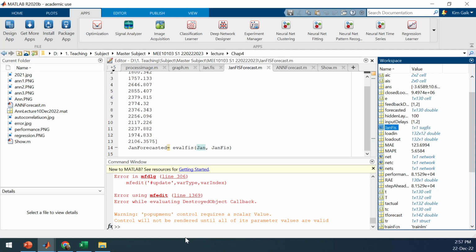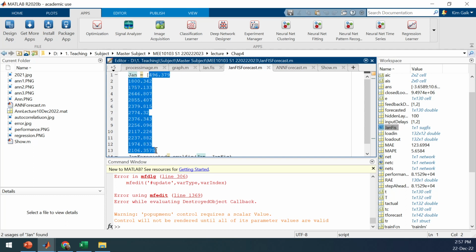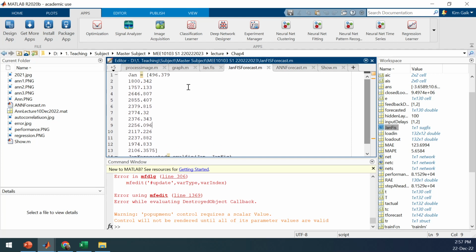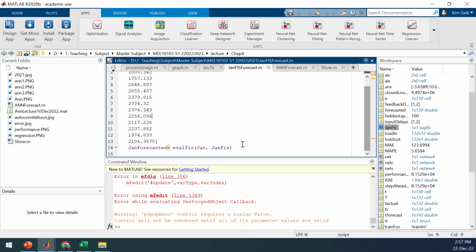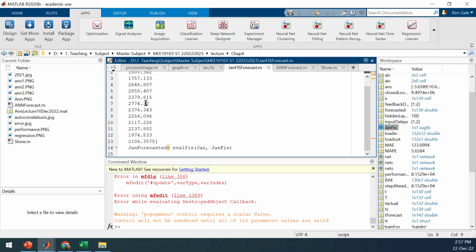To forecast it, this is what I have done here. Generate. This is all the January data, and then I just use Jan forecasted equal to evalfis. Jan is actually the January historical data. Jan FIS is actually the FIS structure that I exported. Okay, and then I can run it.